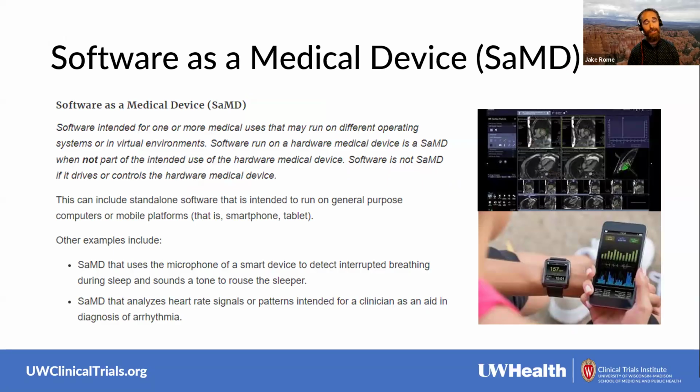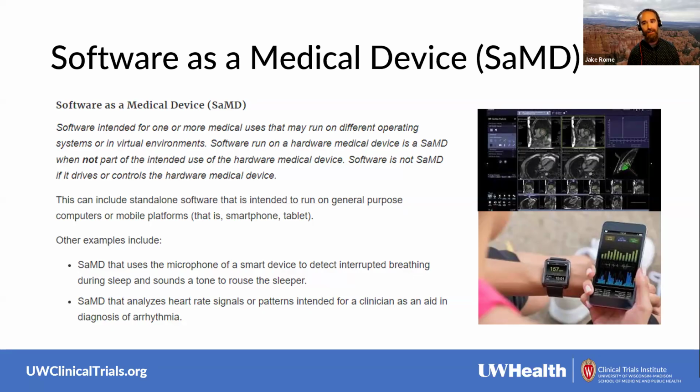And in particular, because this is a very popular topic right now, I just want to highlight software as a medical device. So what is software as a medical device? It is software that's intended for one or more medical uses that's run on different operating systems or in virtual environments. Basically, anything that's run on a computer or a phone or a mobile platform can be software as a medical device.